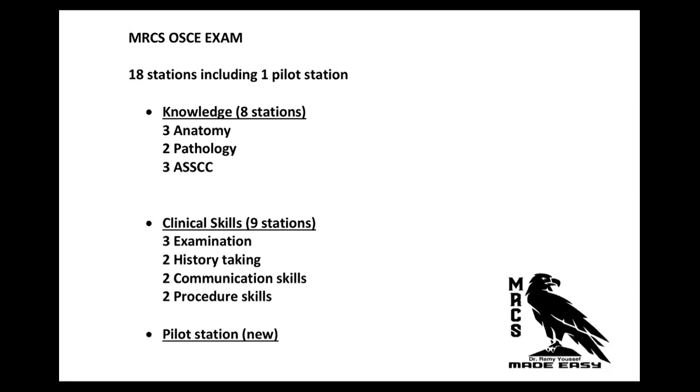And the last ring means your station is finished. Whatever you are doing, you and the examiner, once the ring is done, you have to leave the station at once, because another candidate will start going to the station and you are taking time from the next station.